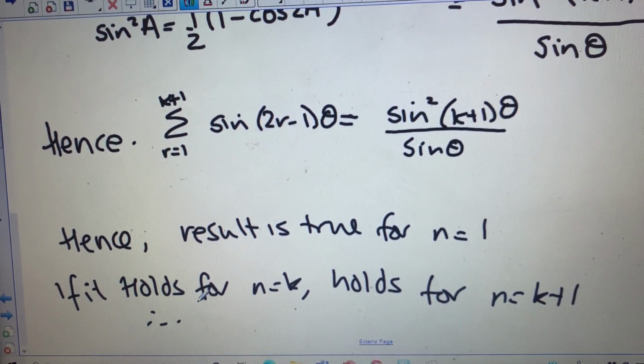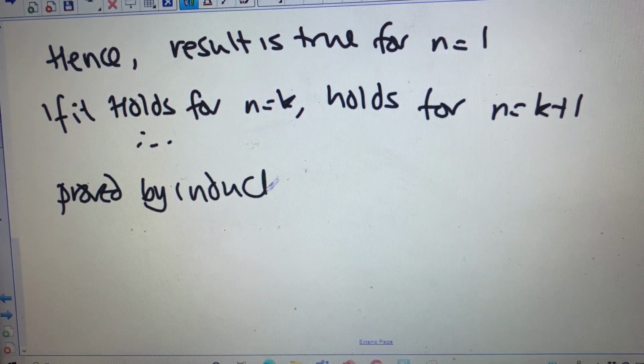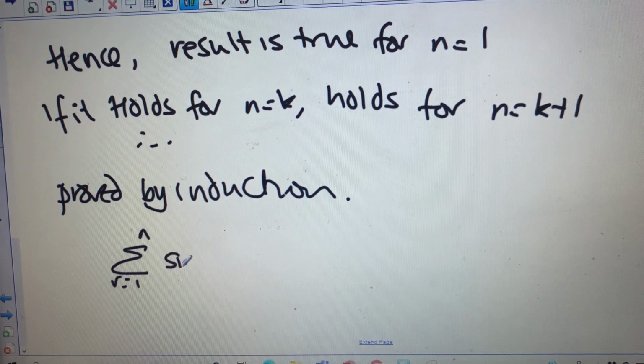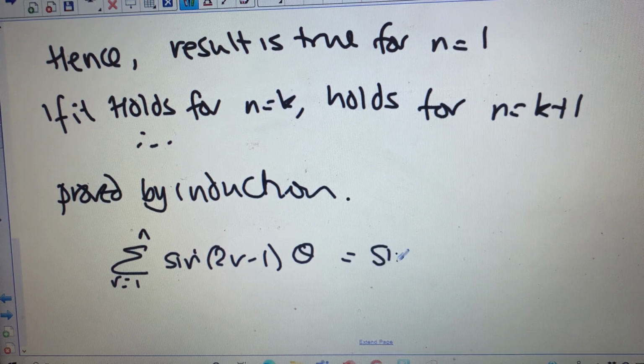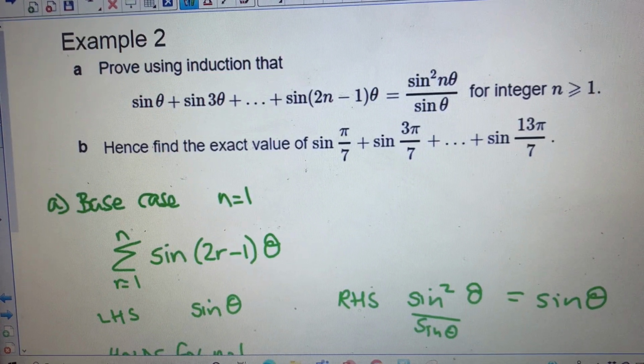Therefore, we have proved by induction what we were asked to prove, the sum from r equals 1 to n is true for all integer values of n greater than or equal to 1. Such a difficult question. But there was an n bit.